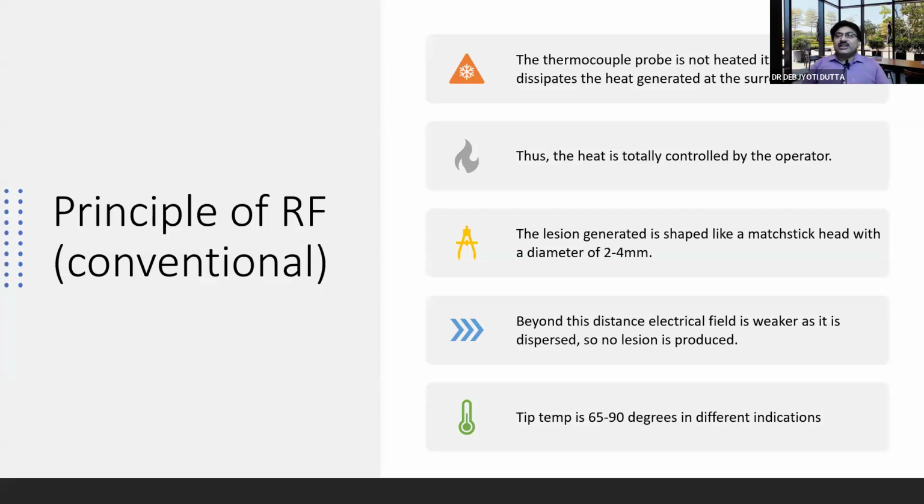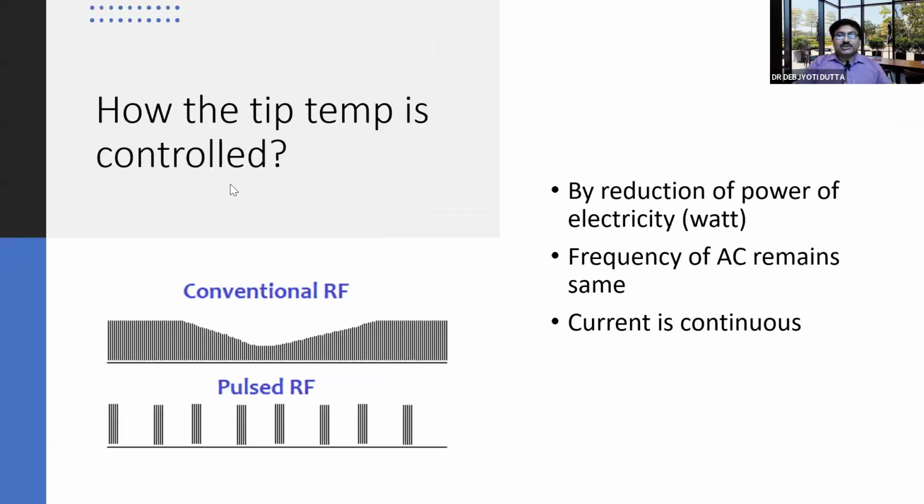Usually, in a conventional radio frequency, the lesion generated around the tip is usually 2 to 4 millimeters in size. Beyond 2 to 4 millimeters, the electrical field is too weak to produce a visible lesion. The tip temperature can be set between 65 and 90 degrees Celsius, depending on the area where we need to do the ablation. We will discuss that when we discuss the specific areas in pain management.